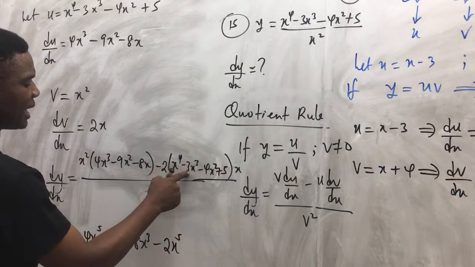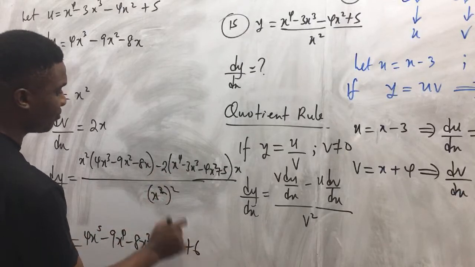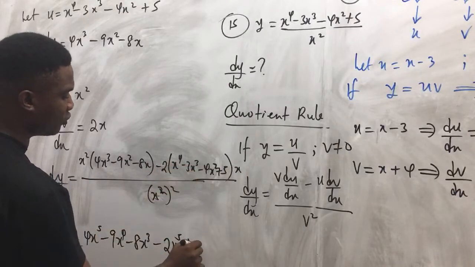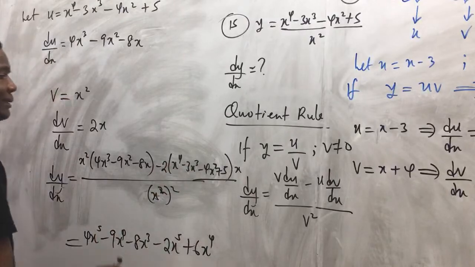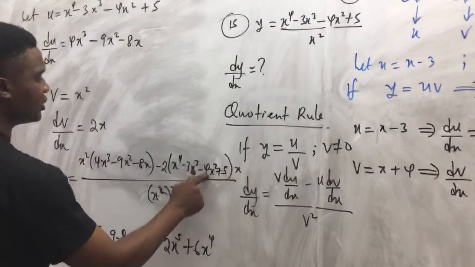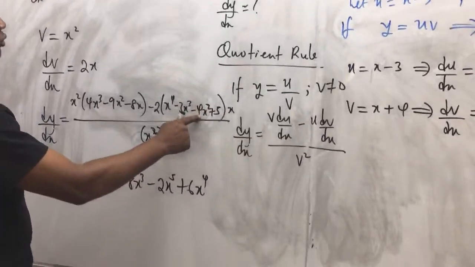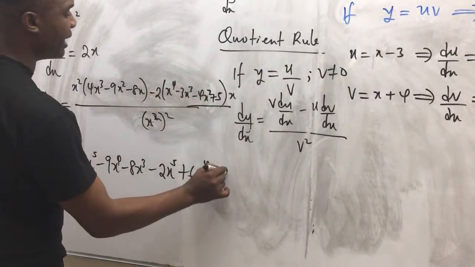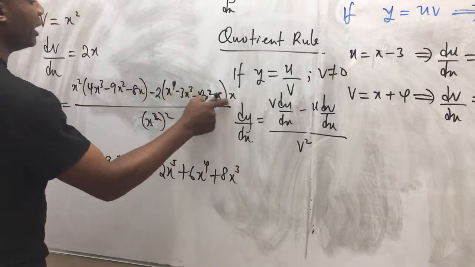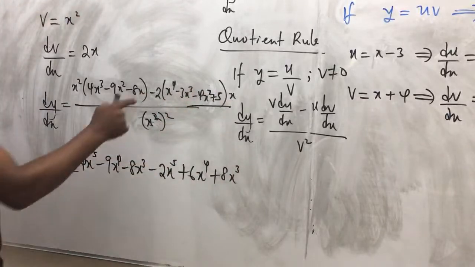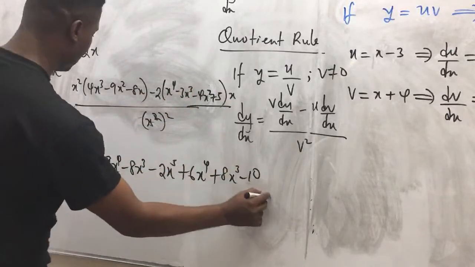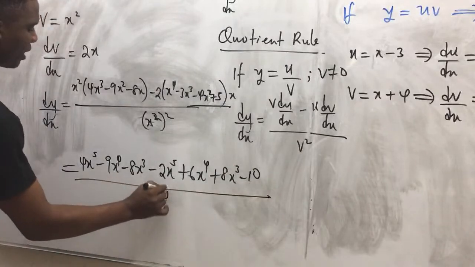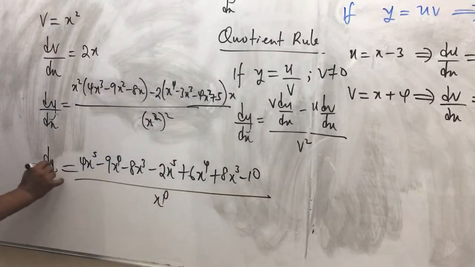Minus 2 multiplies this to give us plus 6. Then x multiplies x cubed to give us x raised to power 4. Now, x multiplies this to give us 4x cubed. 4x cubed minus 4x cubed times minus 2 give us plus 8x raised to power 3. X times 5 is 5x times minus 2 give us minus 10 all over x raised to power 4. So this is the dy/dx.